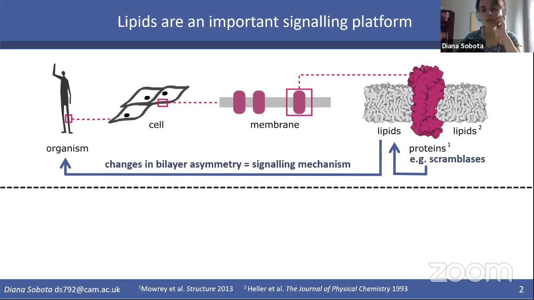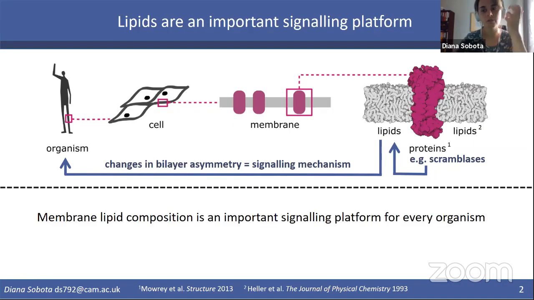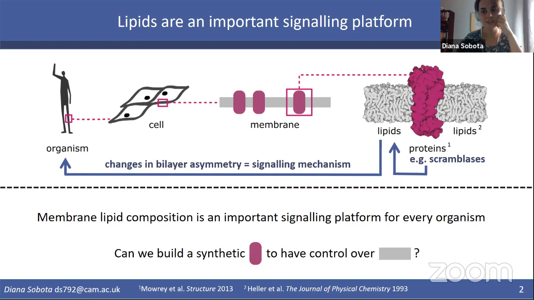And we looked at it and we thought, yes, okay, it has huge importance in a cell. Think how amazing it would be to build a structure. So go to the lab, open your fridge, and there is a whole library of different structures that can control your membrane in that way.